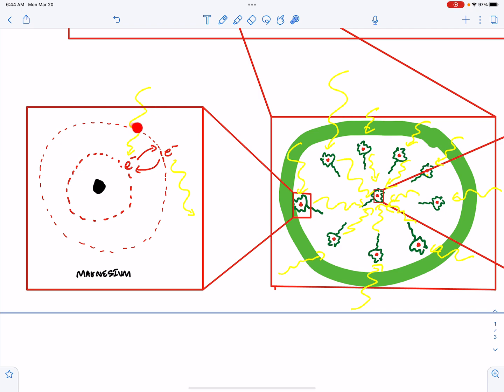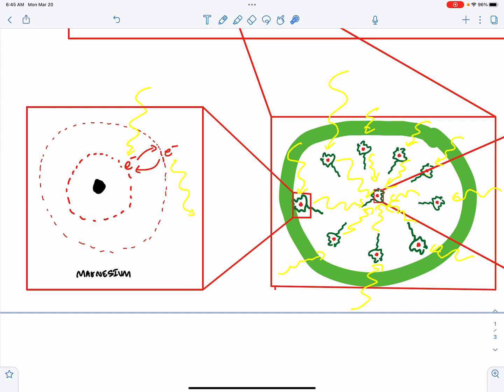So if this light has a certain amount of energy, then the electron is going to jump up here. And now, the interesting thing about this is that not only does the electron jump up and reach this higher energy state, a little further out from the nucleus, it can also re-emit that exact same wavelength of light, but in doing so, it falls back down to its original energy state. So this is a property of electrons. They can absorb light energy, they can jump up to a high energy state, they can also emit light energy and drop down to a lower energy state.